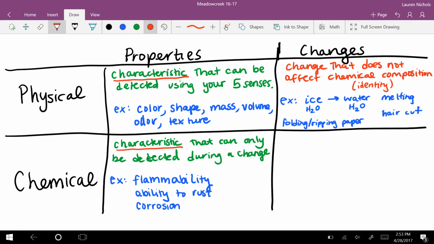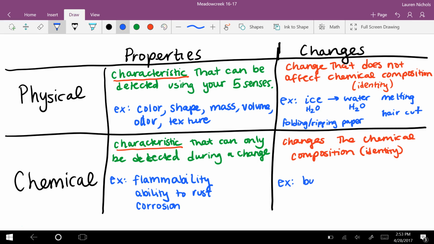Now a chemical change changes the chemical composition, which we know now means the identity. So, for example, burning paper.